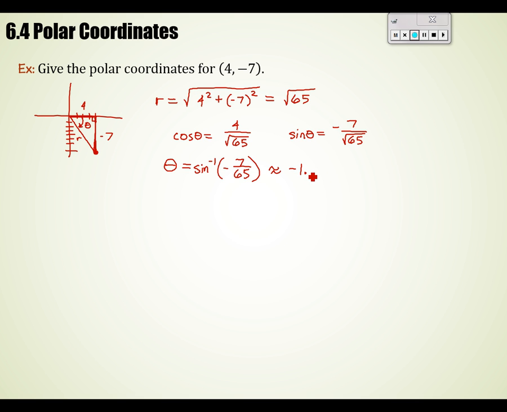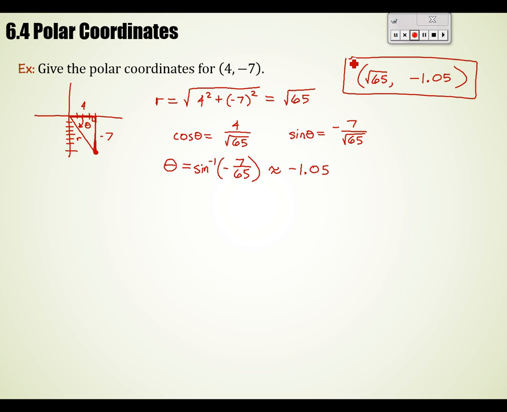Negative 1.05 radians. So we could write root 65, comma, negative 1.05 radians, approximately. Those are our approximate polar coordinates for that point.